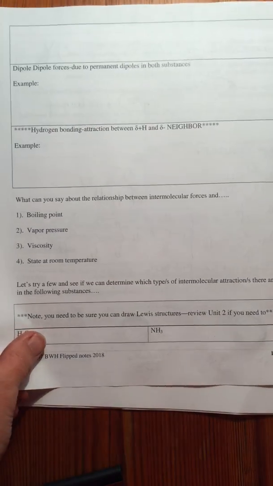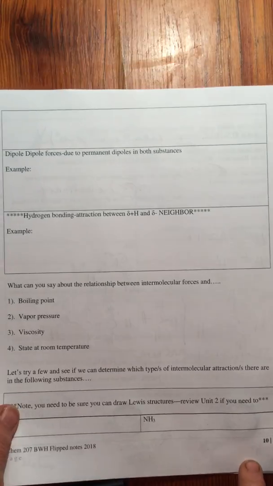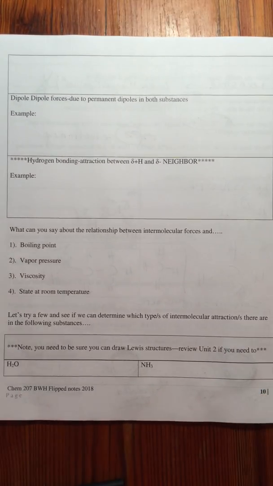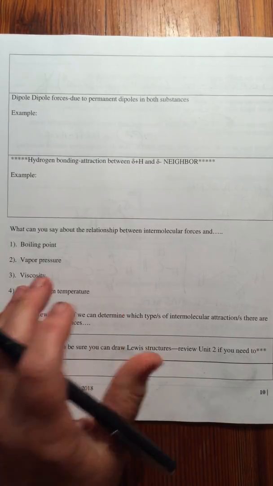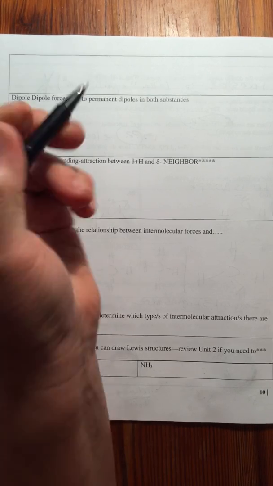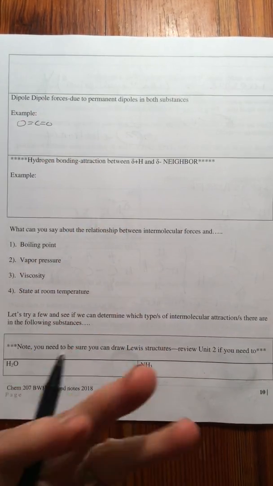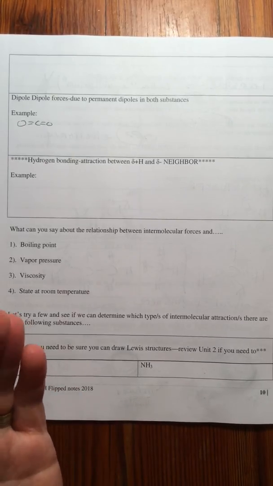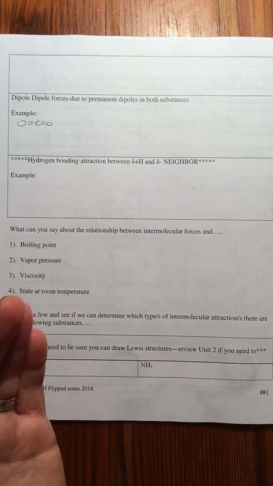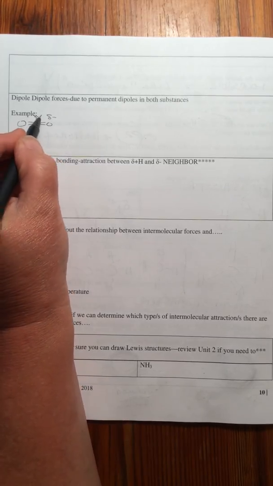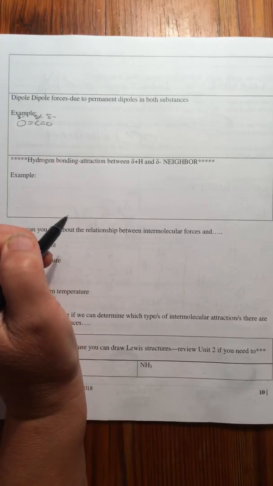Page 10. Your dipole-dipole forces are due to permanent dipoles in both substances. So for example, if I have CO2, now CO2 is a little bit of a difficult substance, but I'm going to use that as an example. So here's my Lewis structure of CO2. It's linear, partial negative, partial positive, partial negative.